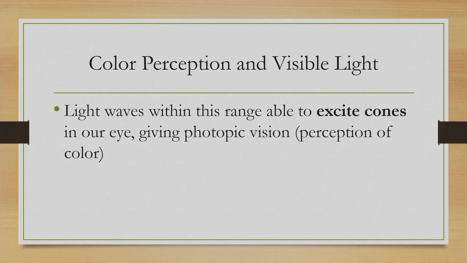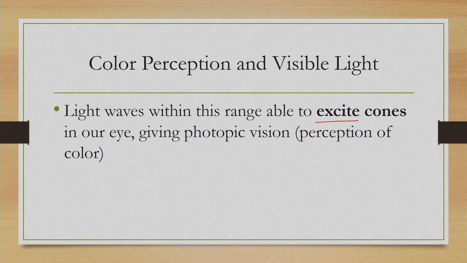Now, why are we calling it visible light? Because there are light waves with frequencies that are outside this range also, but we are not calling that part of visible light. That is for one simple reason. The frequencies that are present in the visible light spectrum are able to excite the cones in our eye, giving photopic vision or the perception of color.